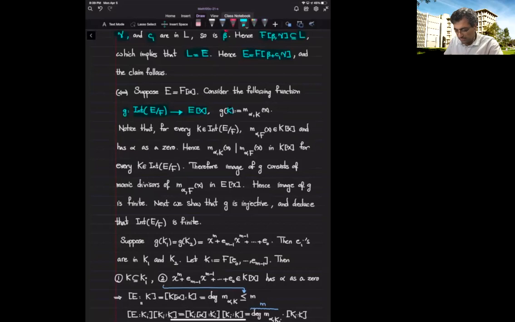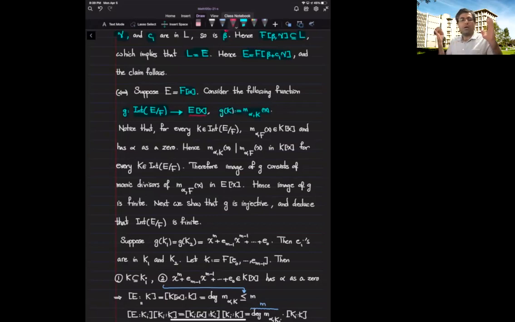I take this intermediate subfield, and then I consider the minimal polynomial of alpha, this alpha that generates E, over this intermediate subfield. And that would be a polynomial in K bracket X, but K is a subset of E, so I get a polynomial in E bracket X.